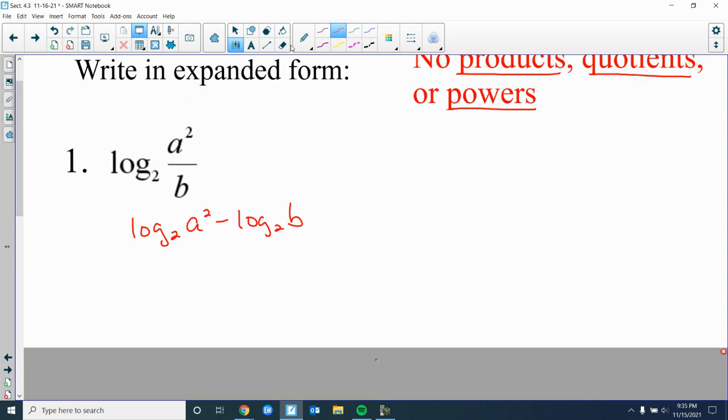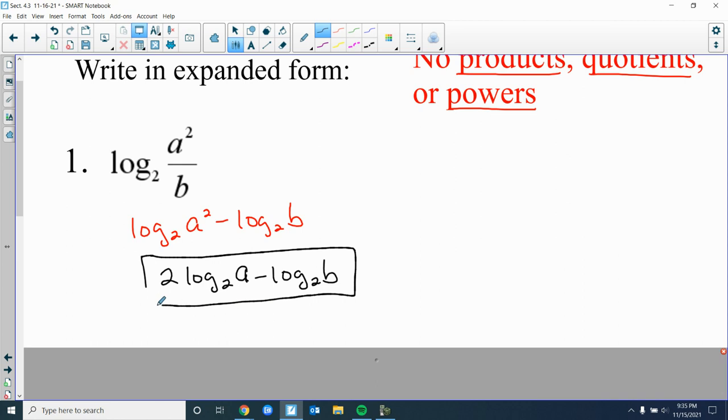Now that's better, but it's not done because I can't have any powers. So this 2 has to go out in front, become 2 log base 2 of a minus log base 2 of b. That will be expanded form.